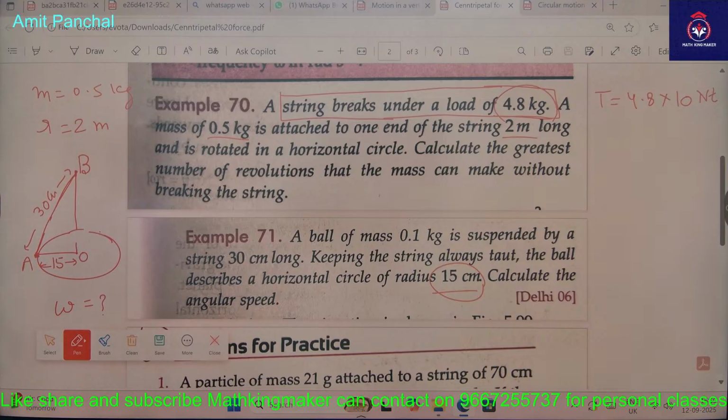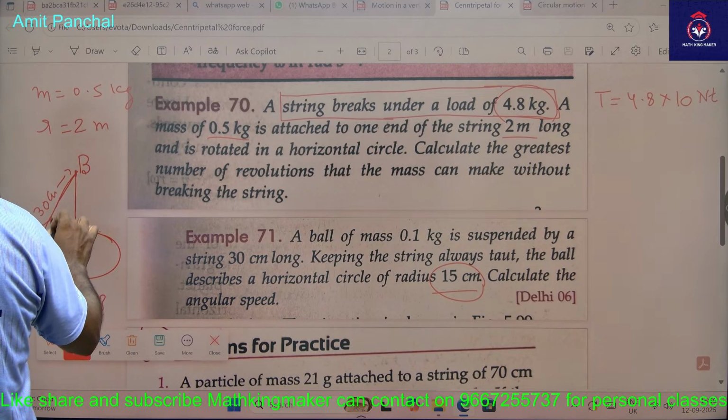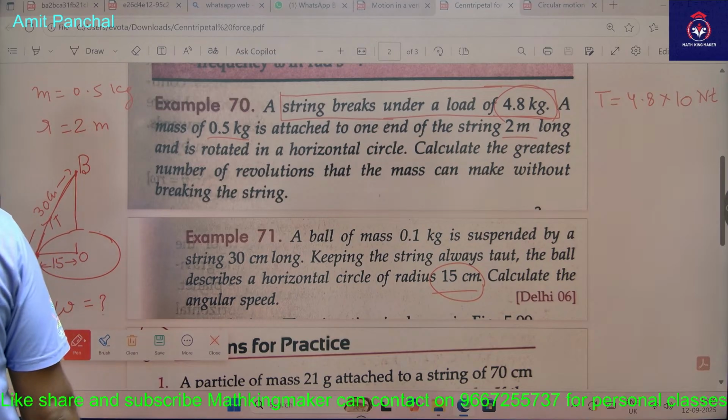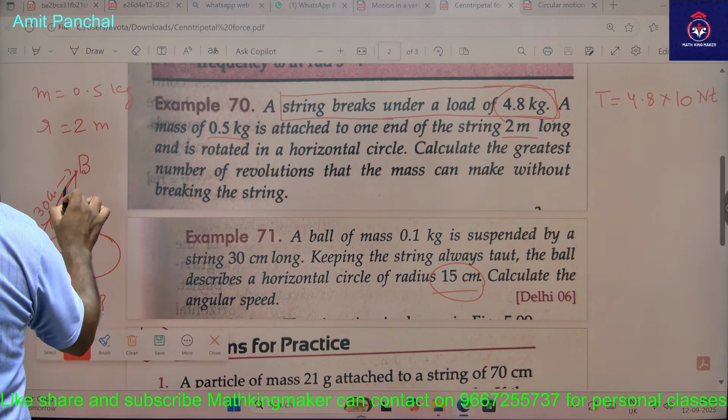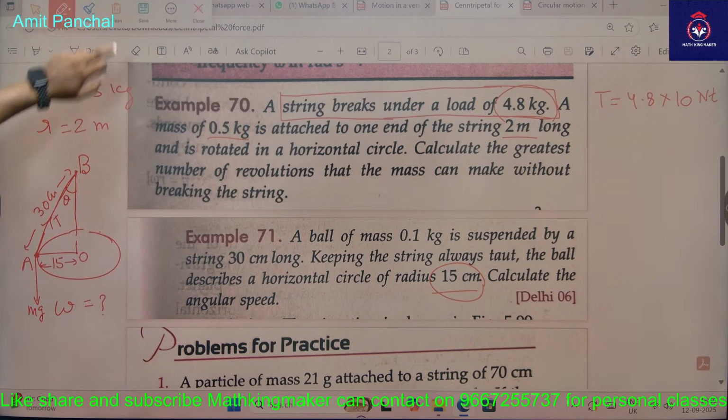There will be tension along the string, and there will be mg downward. If this is theta, there will also be the centripetal force acting inwards.